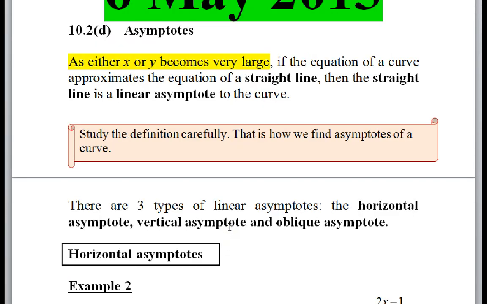Okay, 10.2d, asymptotes. What are asymptotes?